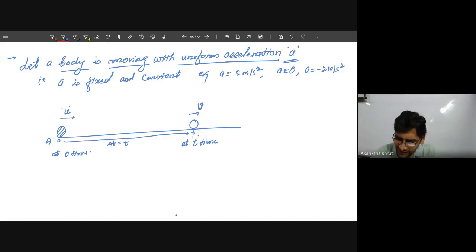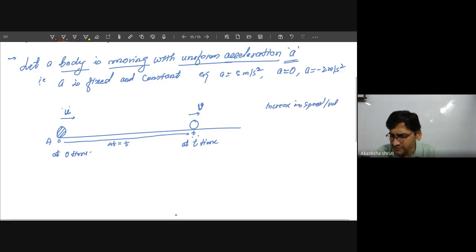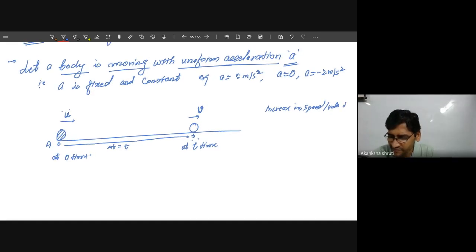This increase in speed or velocity is uniform. Means this change is not non-uniform.